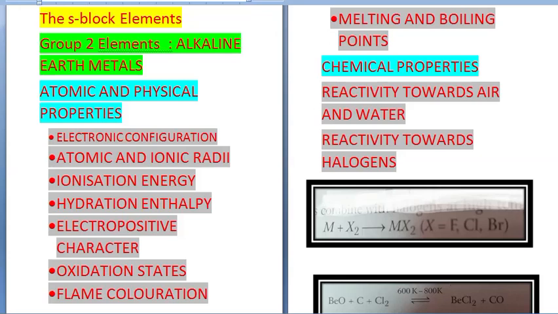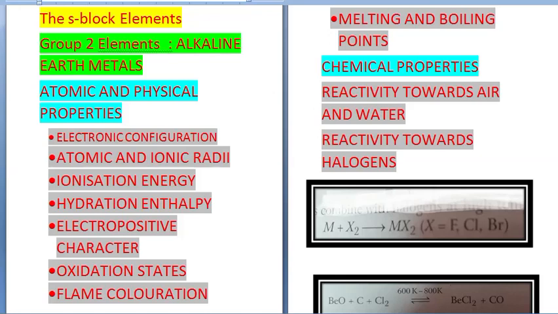Next property is hydration enthalpy. Like alkali metal cations, the hydration enthalpies of alkaline earth metal cations also decrease on moving down the group. This means that Be2+ has maximum hydration energy, then Mg2+, then Ca2+, then Sr2+, and finally Ba2+.